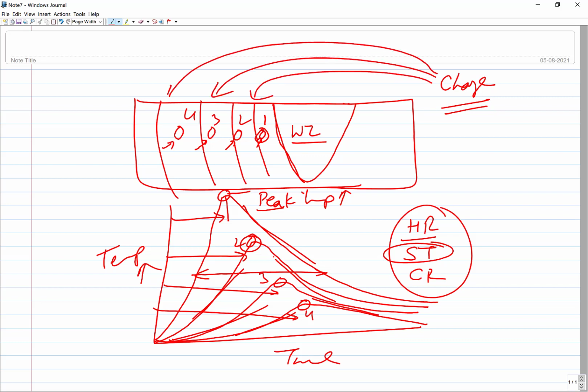This may not be uniform. Okay, so the extent of variation will depend upon the weld thermal cycle being experienced by the metal, and that you can quantify, that you can measure, and this will indicate the extent up to which the structure and properties will get modified in the heat affected zone.